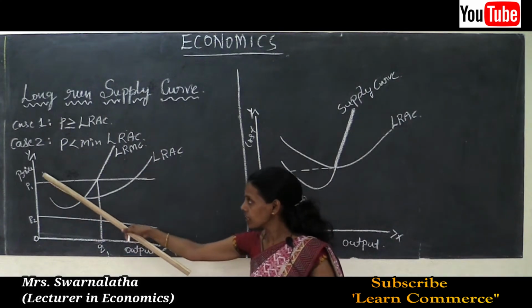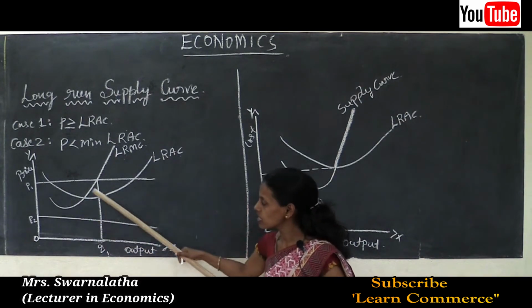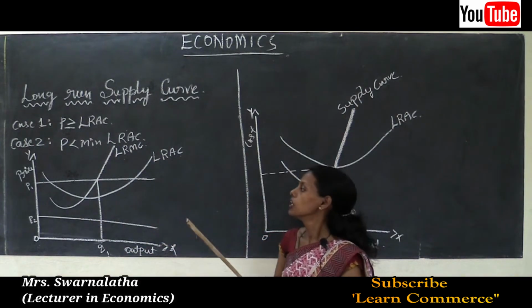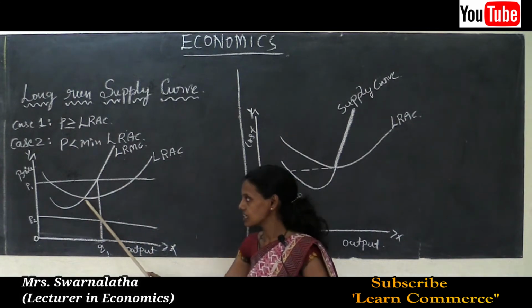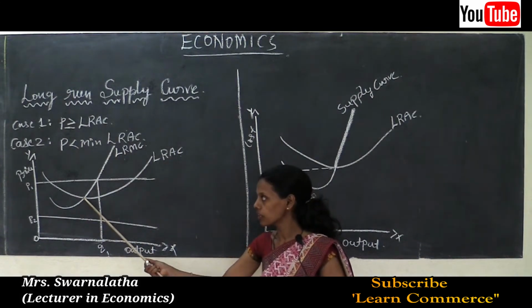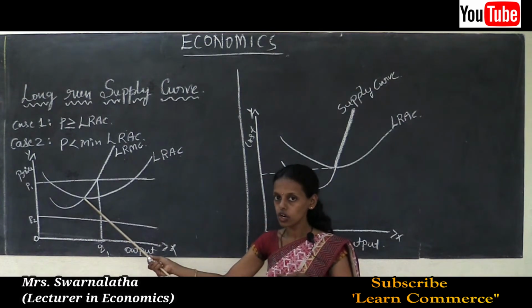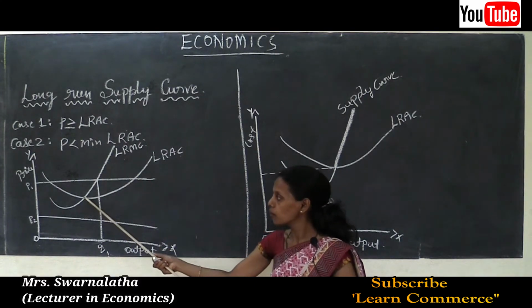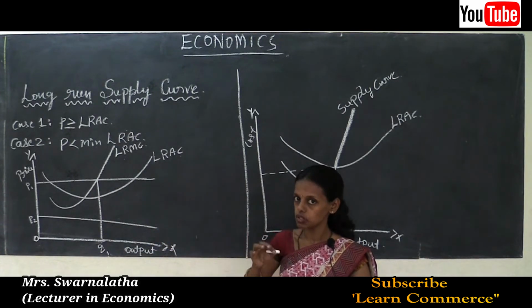Here the long run average cost curve is LRAC and the long run marginal cost curve is LRMC. Both curves intersect at this particular point, which is said to be the shutdown point. In the long run, when the LRMC curve cuts the LRAC curve below the minimum point, it is the long run shutdown point.